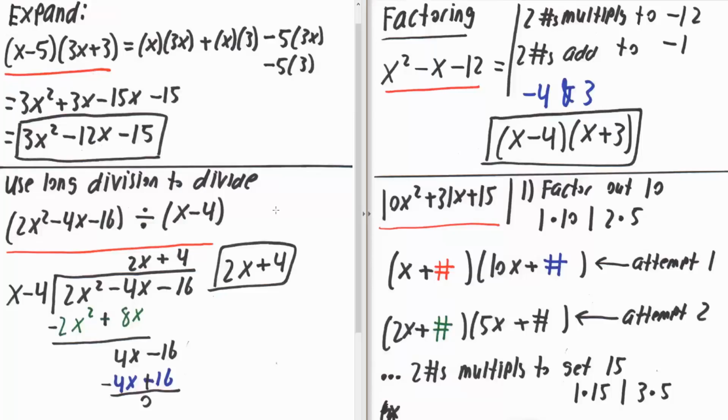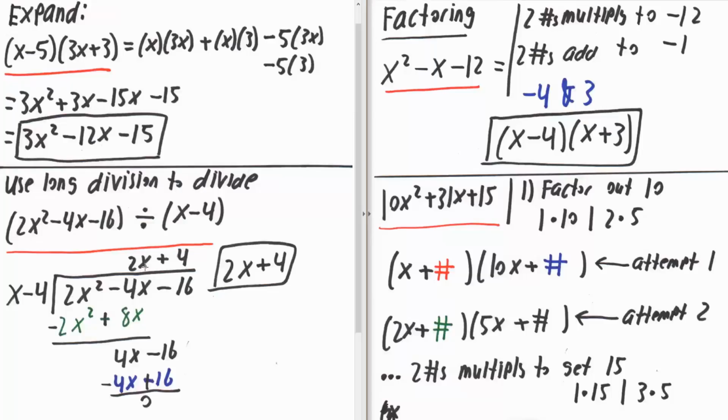Next, we want to use long division to divide this polynomial. We have 2x squared minus 4x minus 16, and it's going to be divided by x minus 4. So we write 2x squared minus 4x minus 16, and it's going to be x minus 4. So how can we get 2x squared minus 4x?